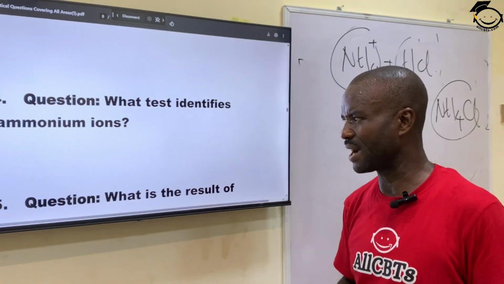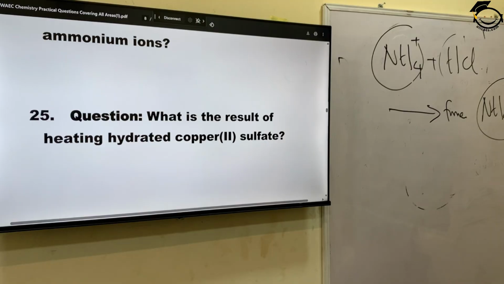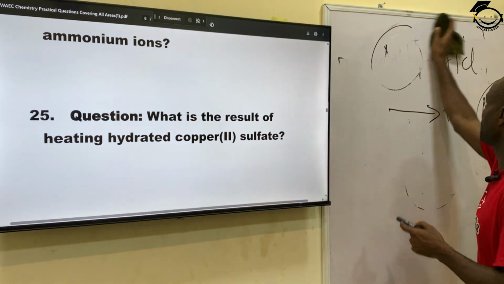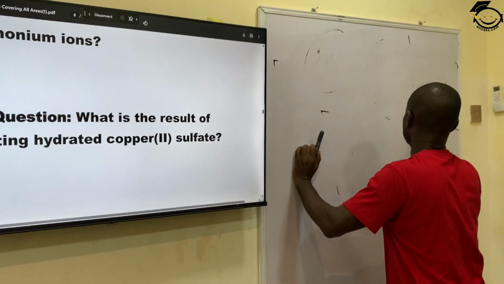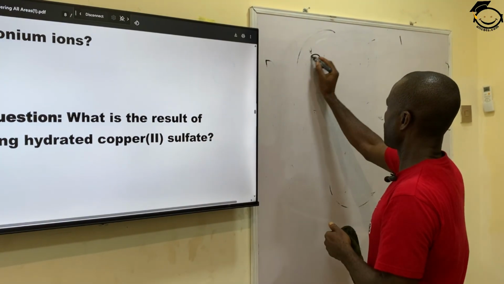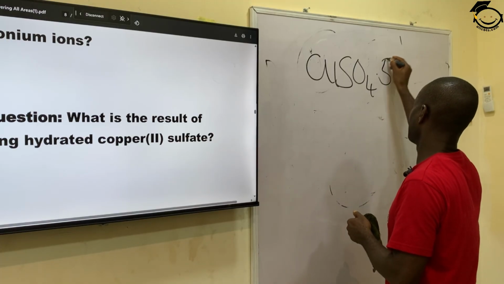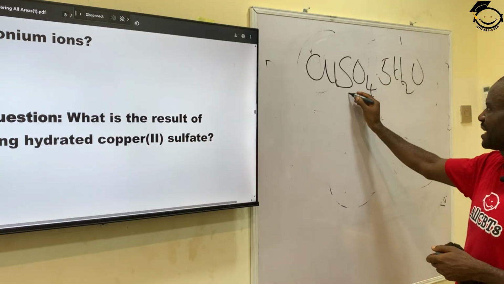Question 25. What is the result of heating hydrated copper 2 sulfate? When we say hydrated, it means it contains some water of crystallization. Copper 2 sulfate is CuSO4.5H2O, so this is a hydrated salt.